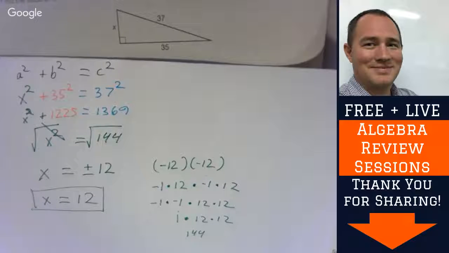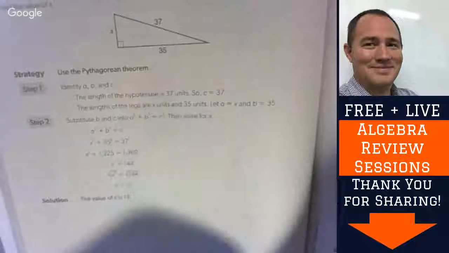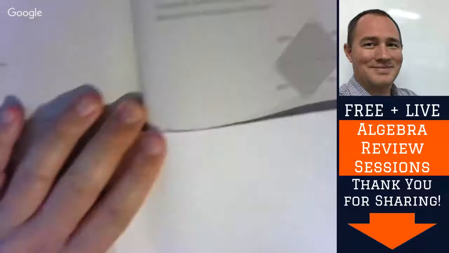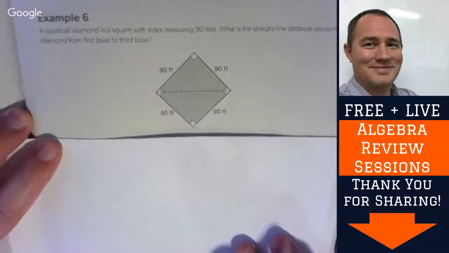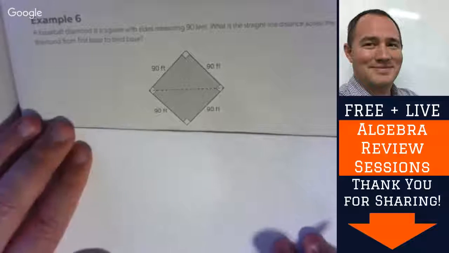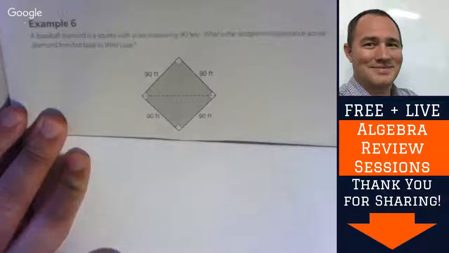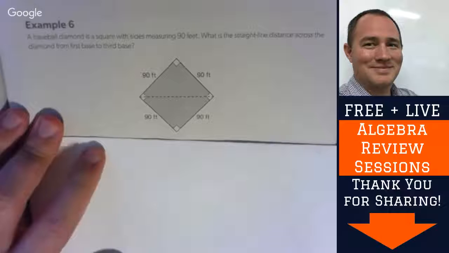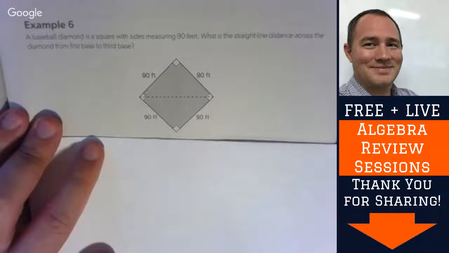Okay. All right, so let's try this next example together. Example 6. A lot of good examples in this one. I like geometry. All right, so a baseball diamond is a square with sides measuring 90 feet.